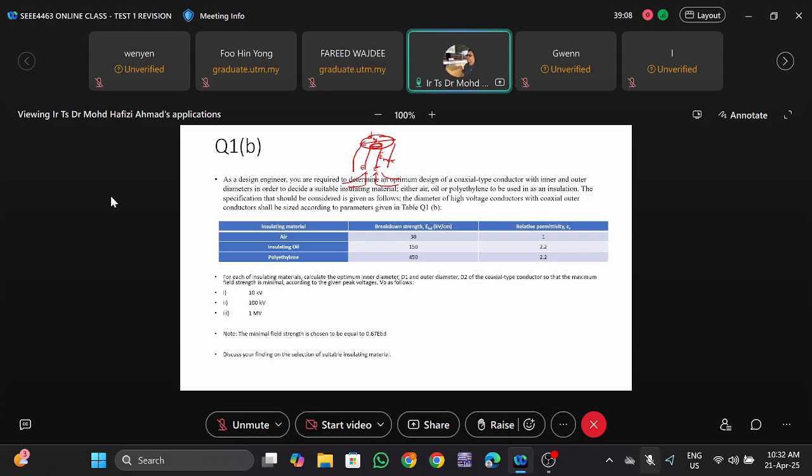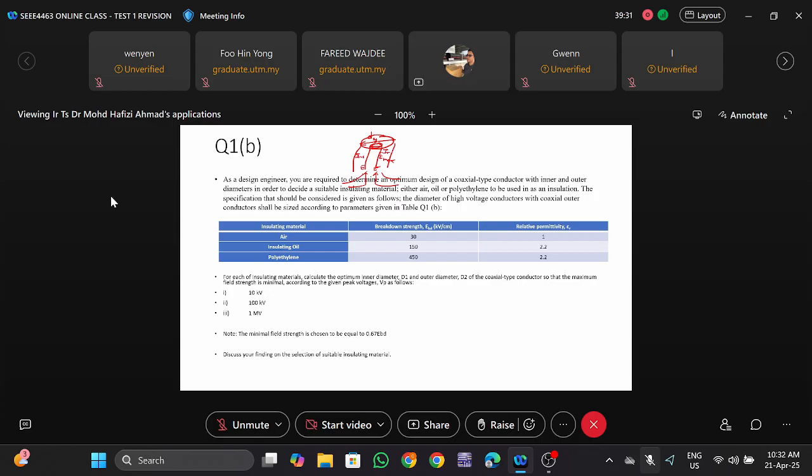The maximum electric field is at the surface of the inner electrode, according to the skin effect. Between these two electrodes, D1 and D2, the inner and outer electrodes, we have the insulation.